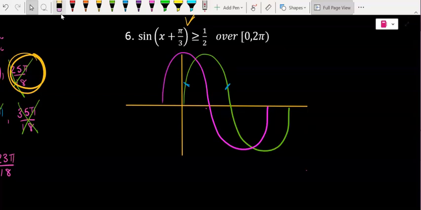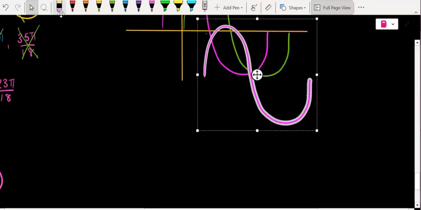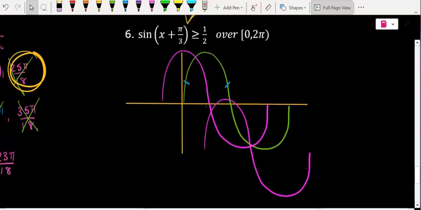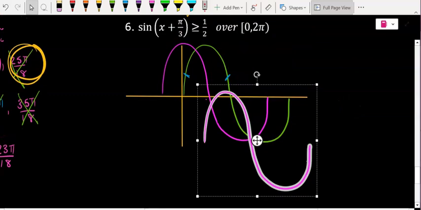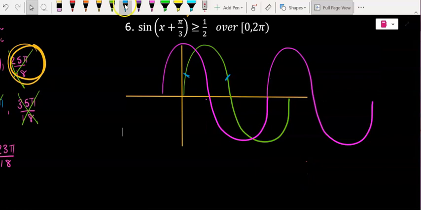And so instead now what I'm going to have to do is I now have another period of my graph that I can just place right here. And so I'm now going to get another one of those solutions that is going to come here, okay? And I'm getting that simply because all I've done is shifted my graph left.